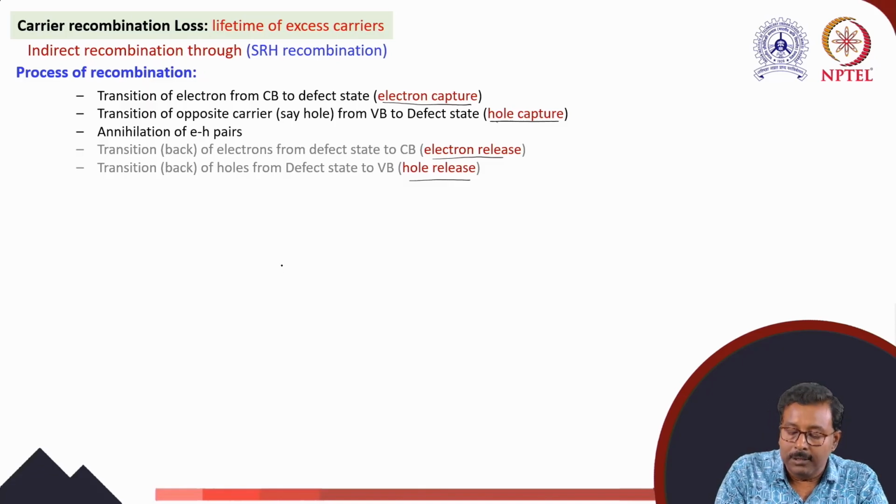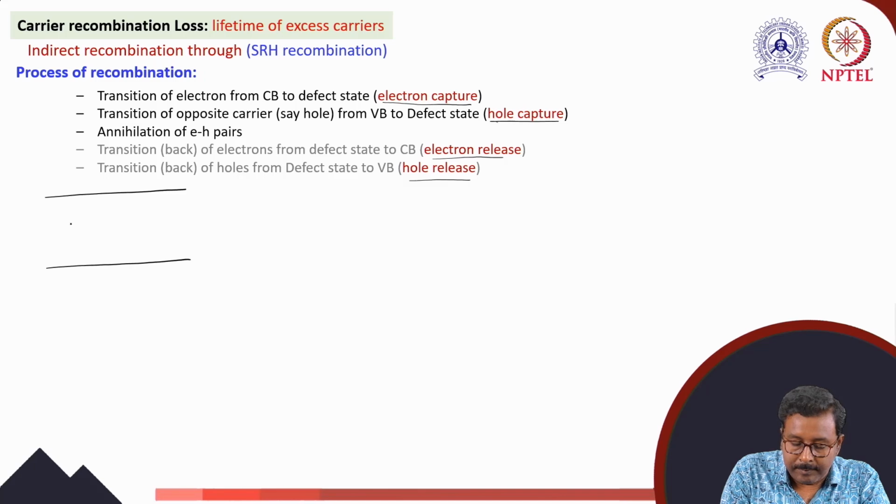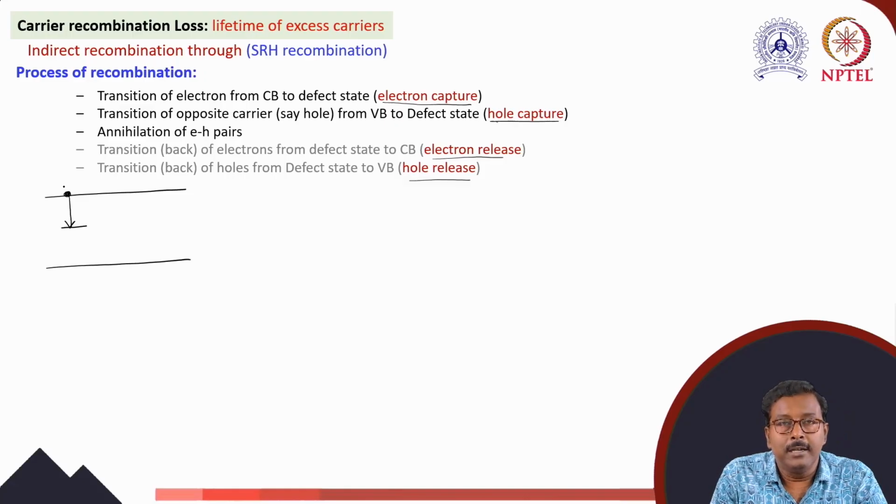Let us draw these processes in a figure. Suppose this is a defect state. Electron in the conduction band may be captured by this trap state or defect state.